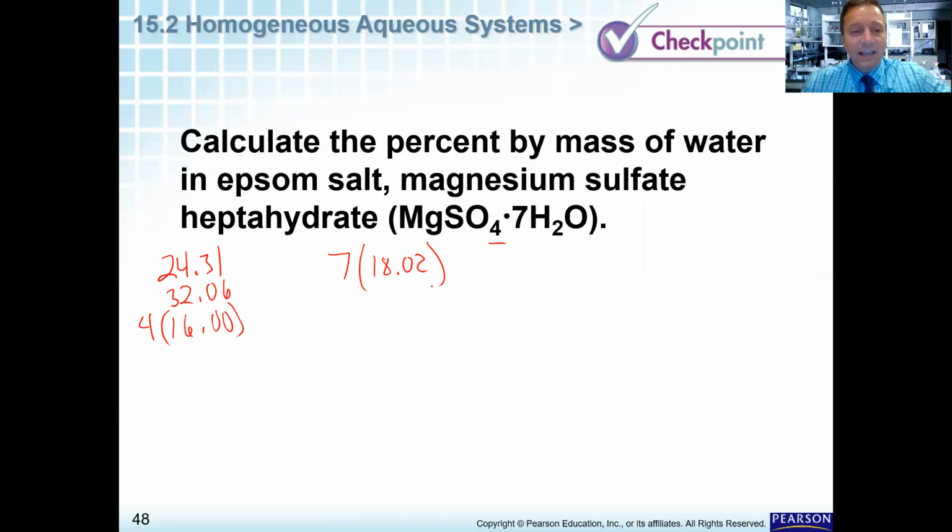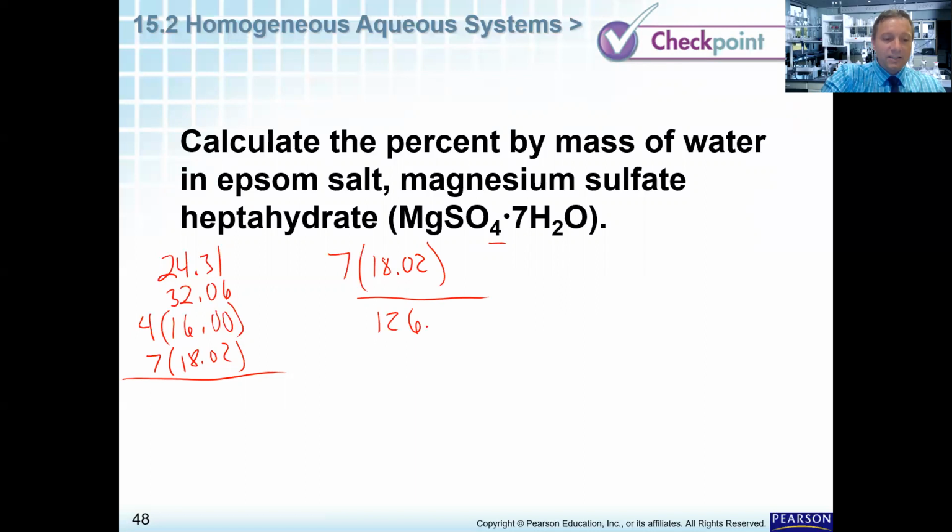All right, so let's get our calculator. We're going to have to add that over here too, because that's in the total compound. So let's get our water and then get our total compound mass. 18.02 times 7, keeping at the 4 sig figs, this is 126.1 grams.